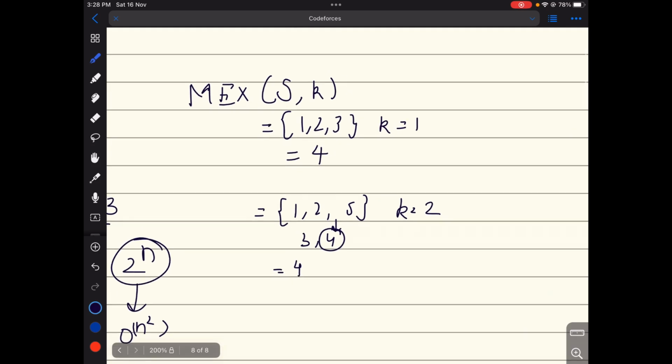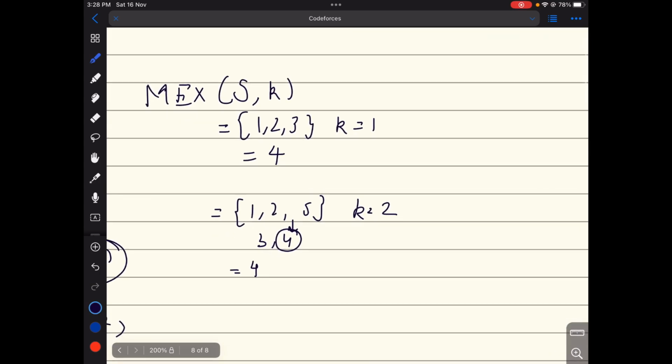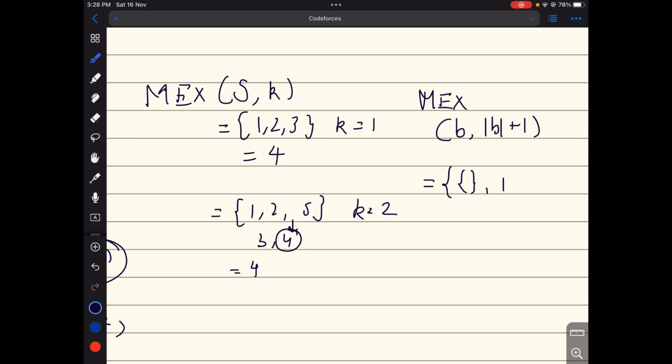Now in the question there is a little bit of change such that mex of a given set B has k equal to the size of the set plus 1. So if the set is empty, the value of k will be 1 and the output will be 1.